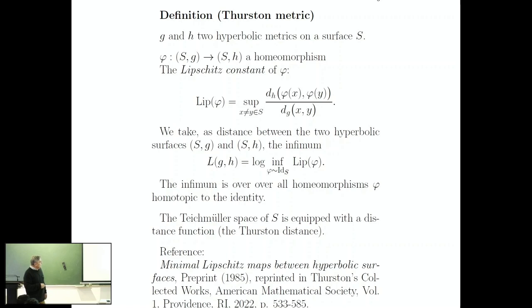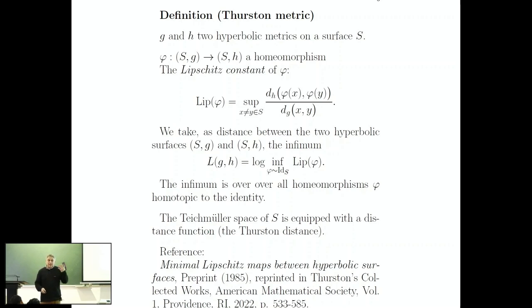And so the Teichmüller space of S, which I will talk about, is a space of all metrics on the surface, more or less. I will give a better definition later, but this is a space of all metrics on S, and then you get a metric.